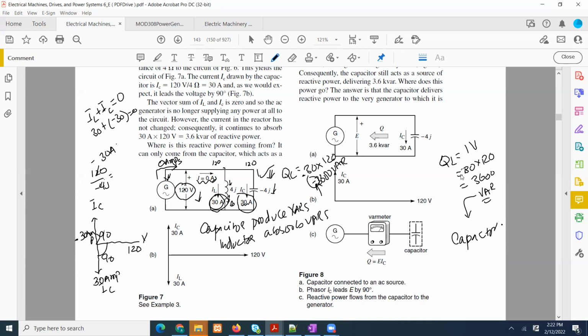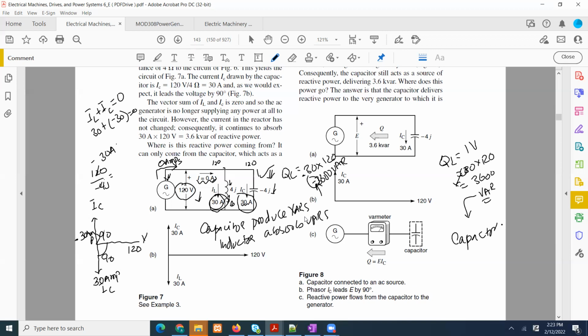And right here it is absorbing it. I hope that gives you an idea that the inductor is absorbing, and the capacitor is producing VARs.